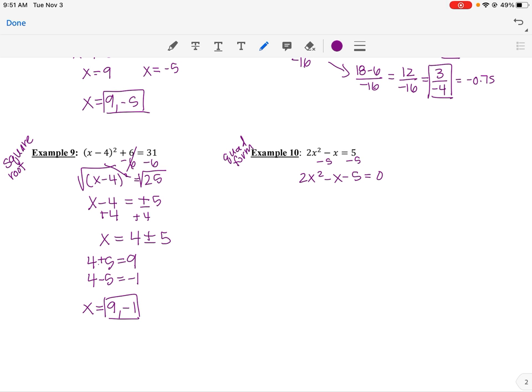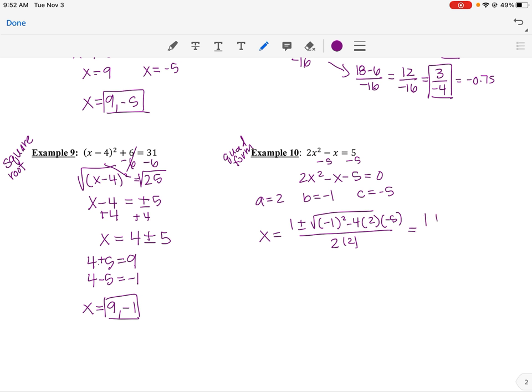So a is equal to 2, b is equal to -1, c is equal to -5. x equals the opposite of b, so positive 1 plus or minus the square root of negative 1 squared minus 4 times 2 times negative 5, all divided by 2 times 2.